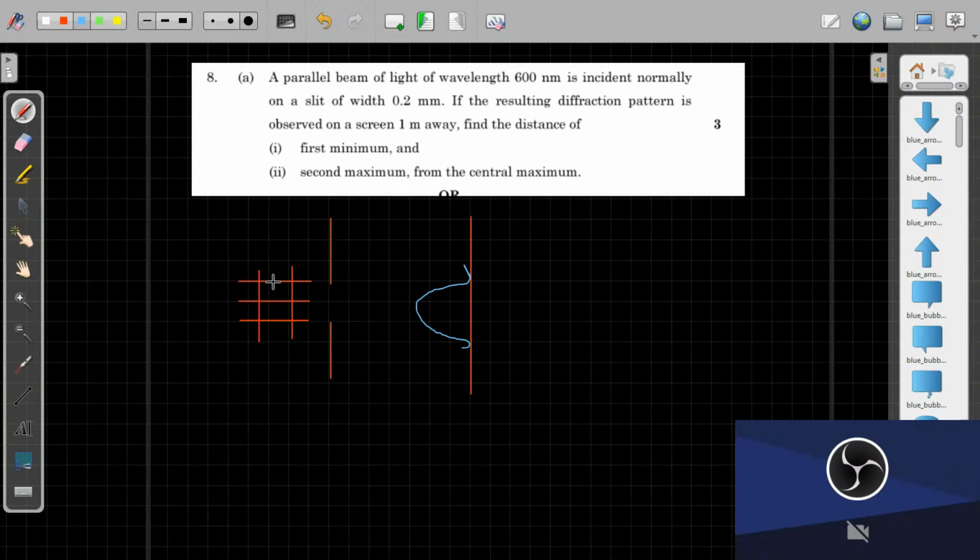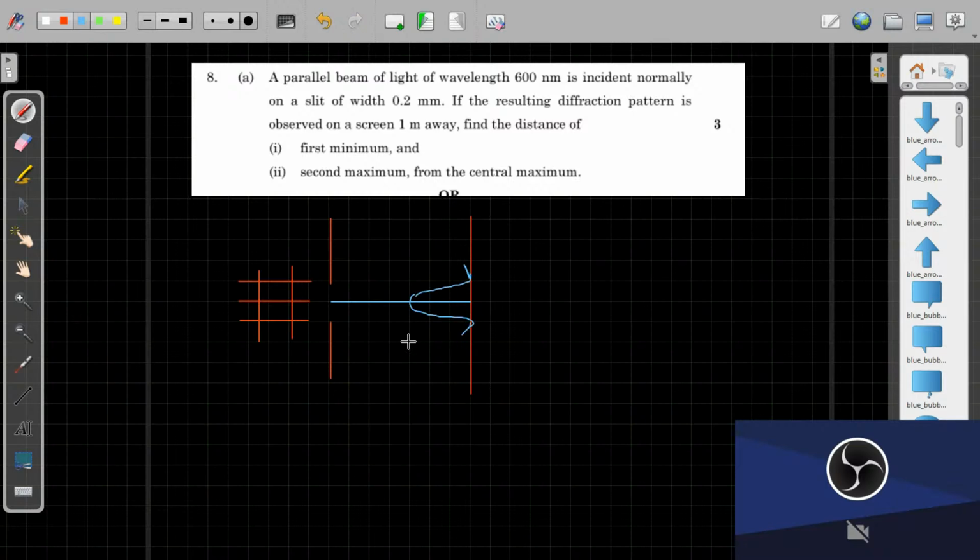The diagram is very wrong. Let me draw a line first. So the central maxima will be somewhere here. This is the central maxima.